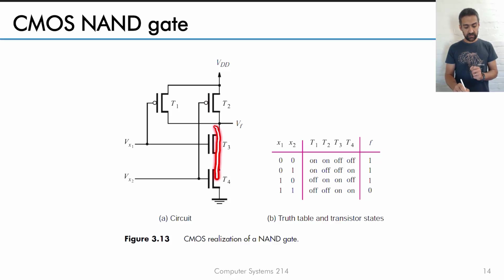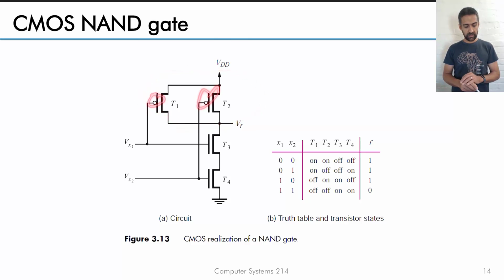This logic says both of them need to conduct to make this point 0. The complementary pair of them is that either of these two needs to conduct to pull this point high. Both of these need to conduct to pull it low. Either of these two needs to conduct to pull it high. So that's why it's a complementary pair. At the bottom we've got the serial connection, at the top we've got the parallel connection.